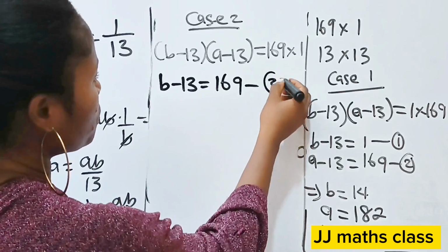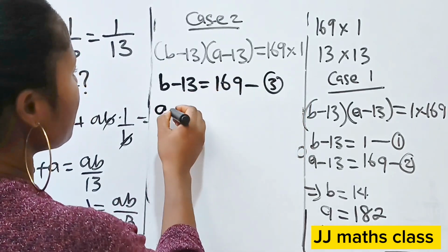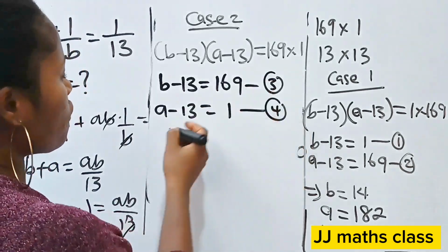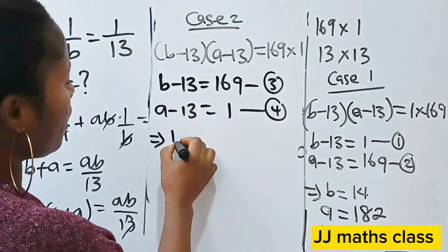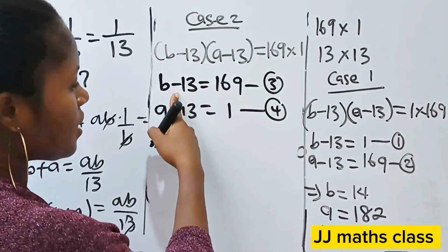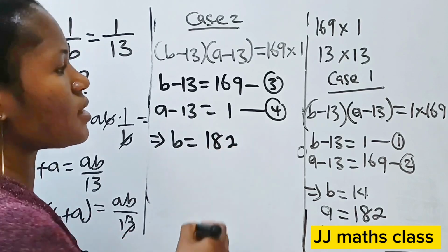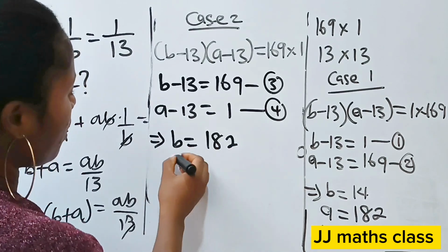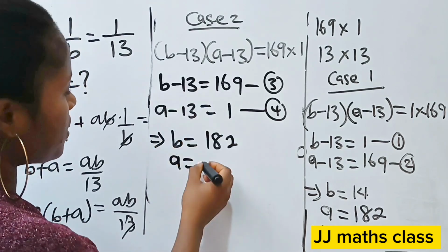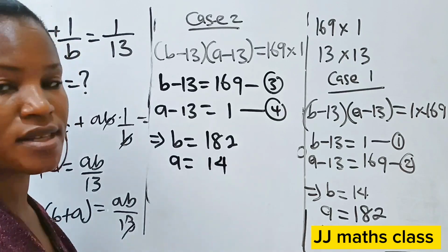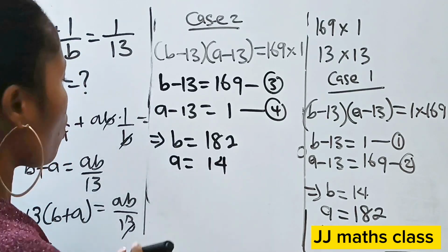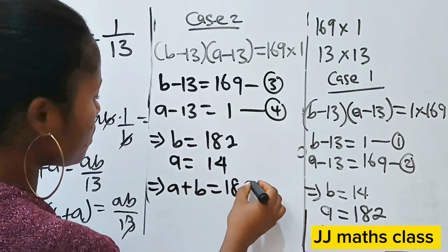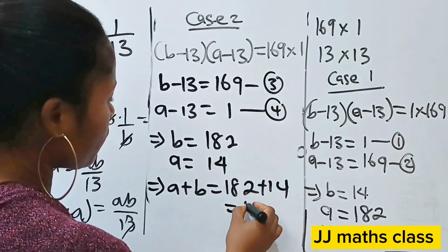Let's call this equation 3, and a minus 13 is equal to 1. Let's call this equation 4. From 3 we have that b is equal to 169 plus 13, which gives us 182. Now a will be equal to 1, this minus 13 will cross to become plus 13, so a is equal to 14. So for case 2, a plus b is equal to 182 plus 14, which gives us 196 as well.